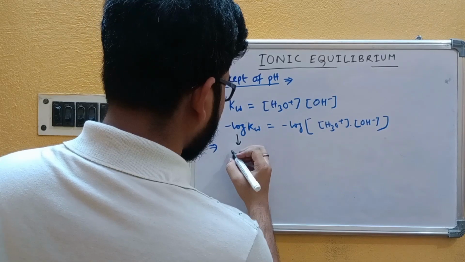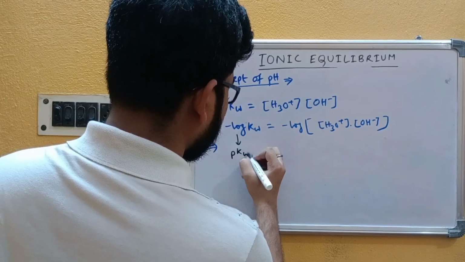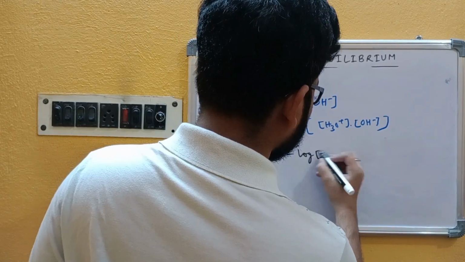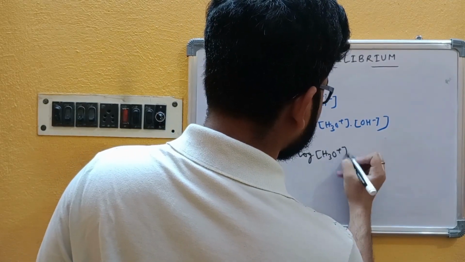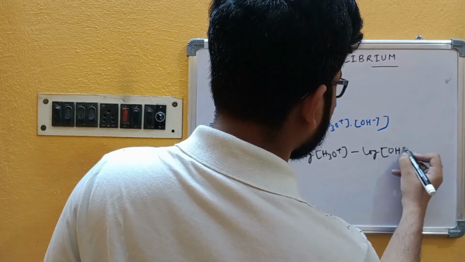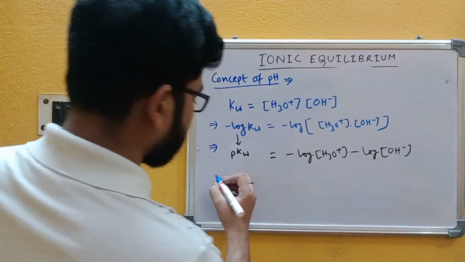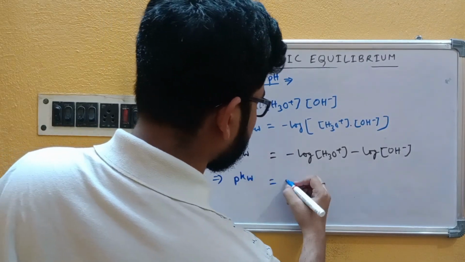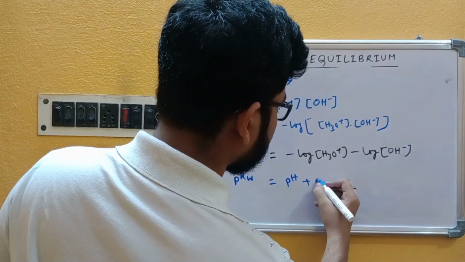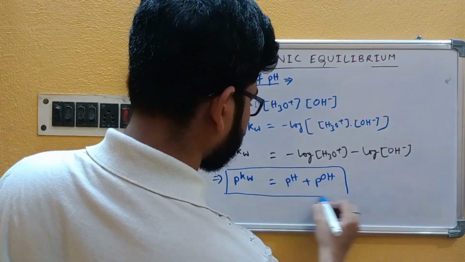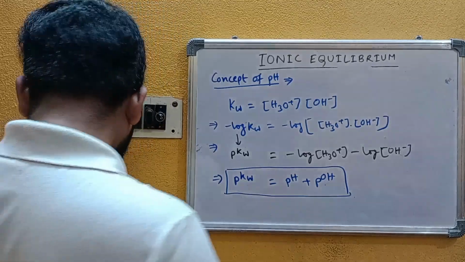This term is written as pKw and this will be minus log concentration of H3O plus minus log concentration of OH minus. So from this we find that pKw is pH plus pOH. This is a very important relation.